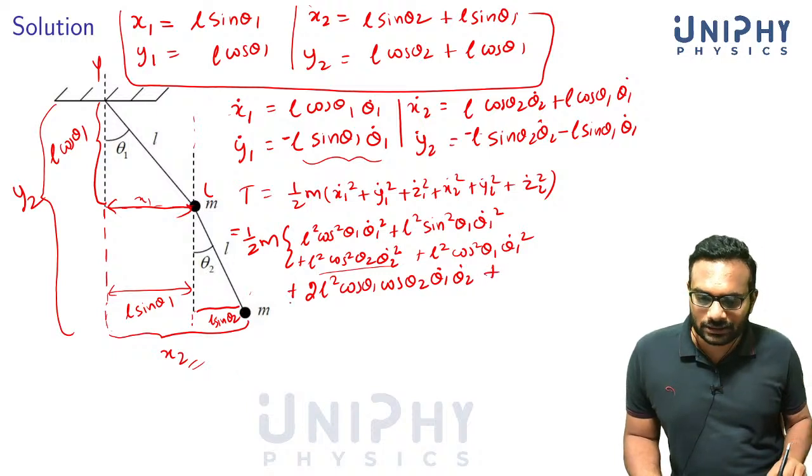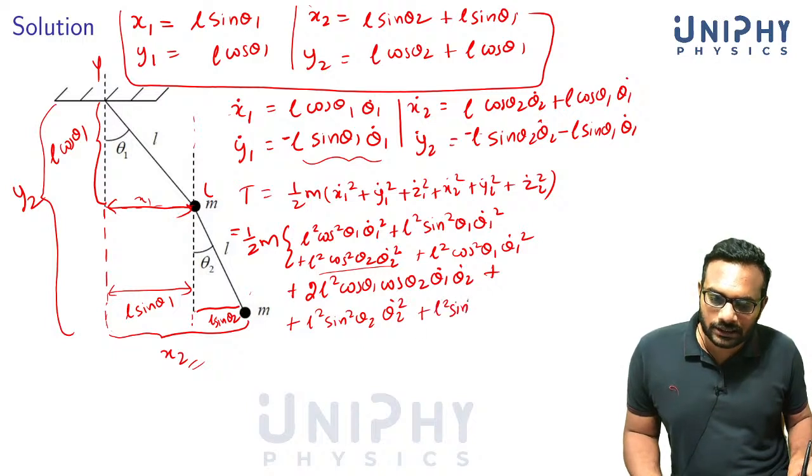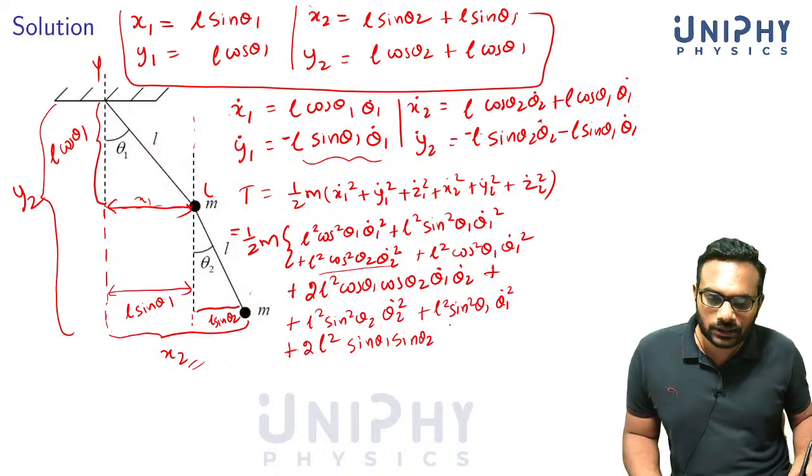Plus again you will have these terms, L square sin square theta 2 dot square plus L square sin square theta 1 dot square. And here also you will have a plus 2L square sin theta 1 sin theta 2 theta 1 dot theta 2 dot.